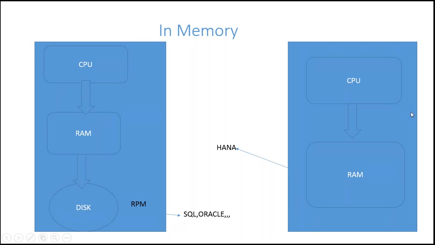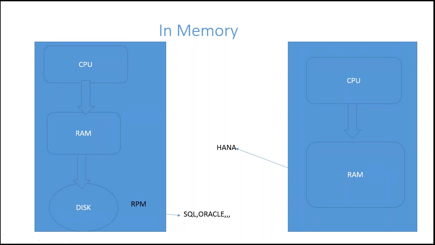Now we are going to the HANA concept, in memory. There is no hard disk concept. Everything is in memory, RAM. But the hard disk is also there, only for backup. So HANA is first RAM in memory, volatile memory.